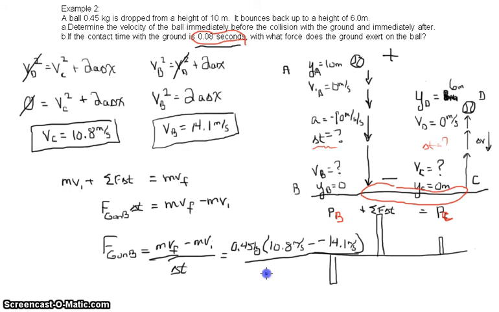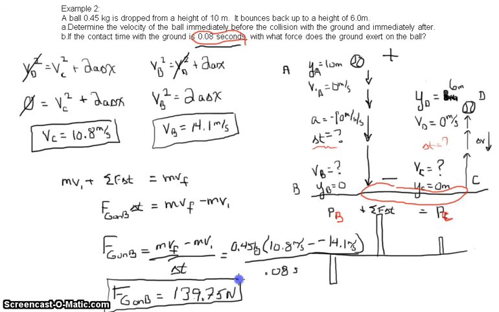All this divided by the 0.08 seconds. When we figure out the force of the ground on the ball, we find that this is going to be 139.75 newtons. Okay, that is the force that the ground exerts on the ball during the interaction.